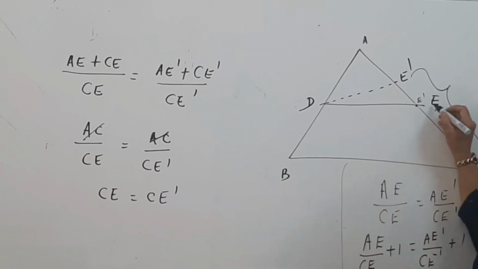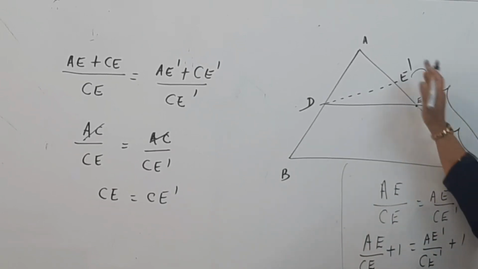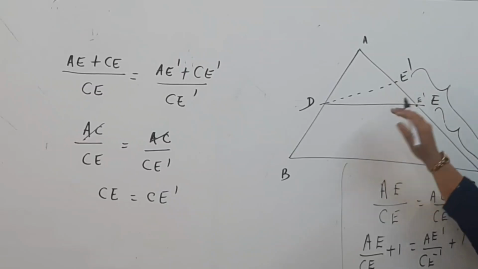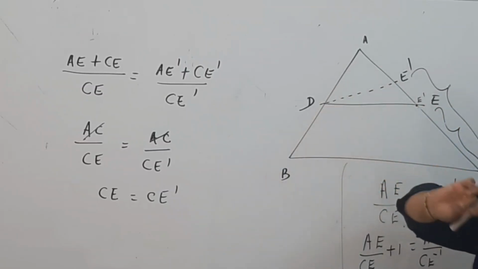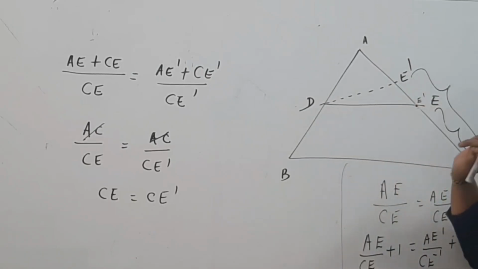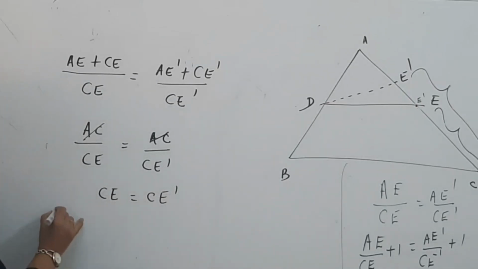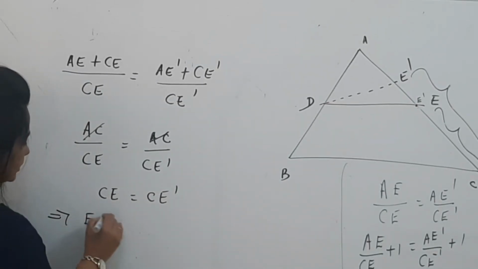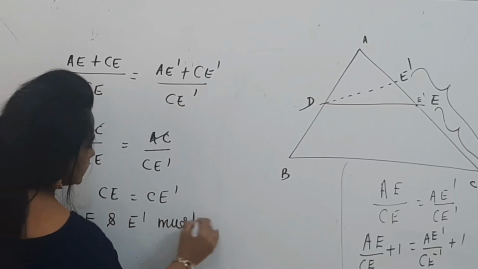Otherwise it would lie elsewhere. But I know that according to this, the ratio holds exactly true. So I take my E dash here. So my observation is this implies E and E dash must coincide.